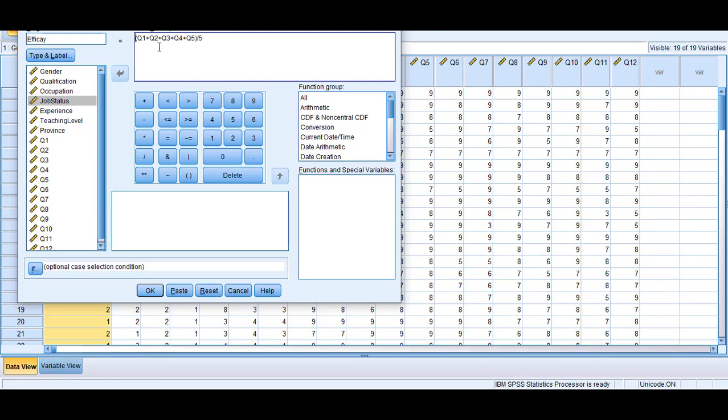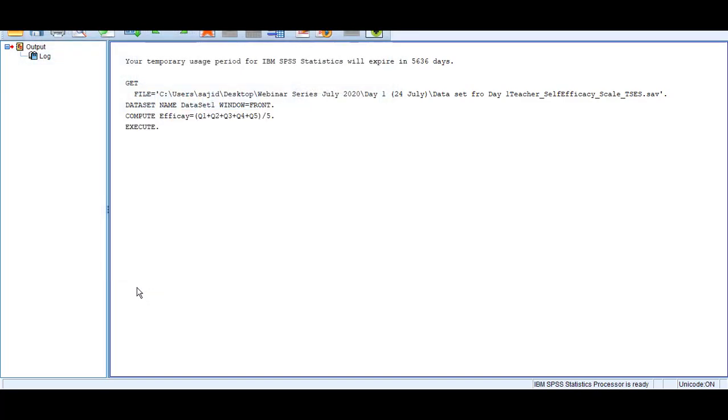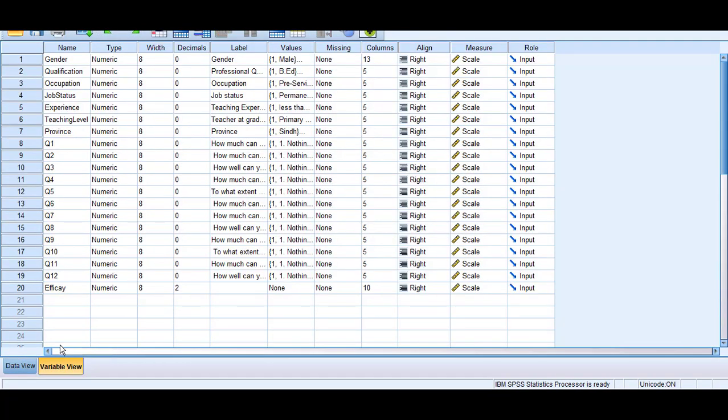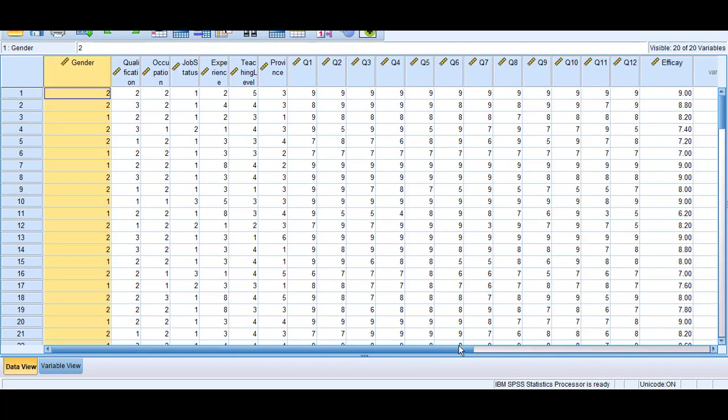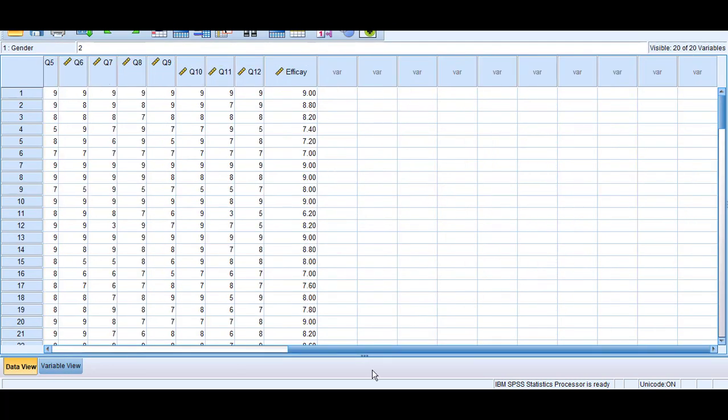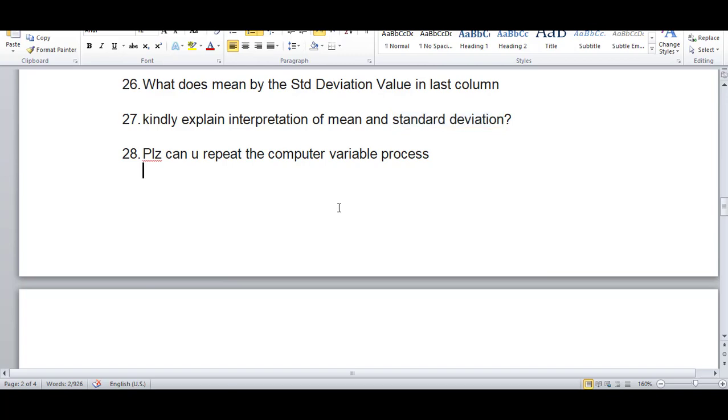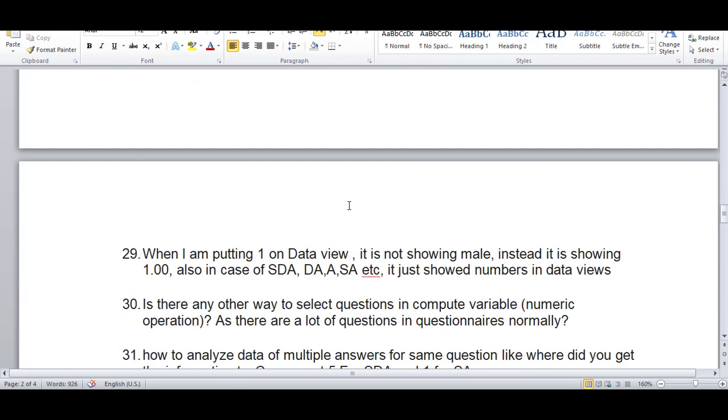So I make a bracket, add these 5 variables and divide by 5. So it will be the average, and the average will move to the efficacy variable, and then press OK. You will notice that the efficacy variable will be created, and this will be the average of the 5 items. So this is how the compute variable process works.